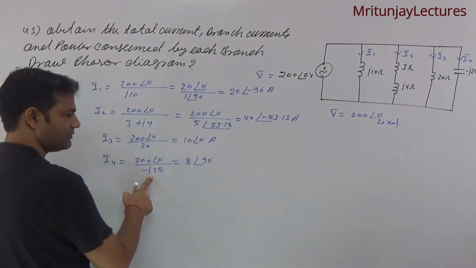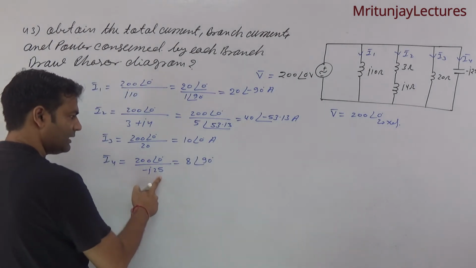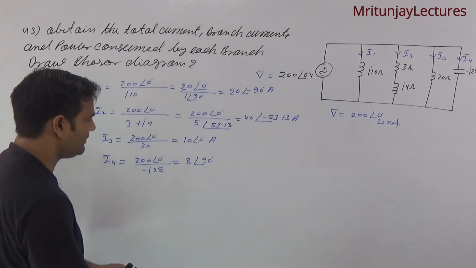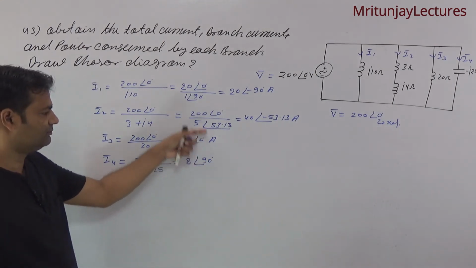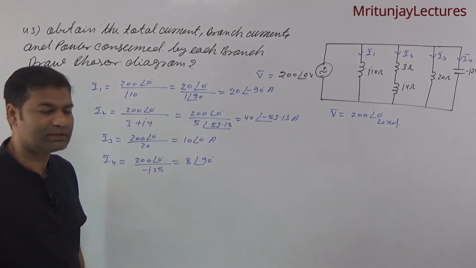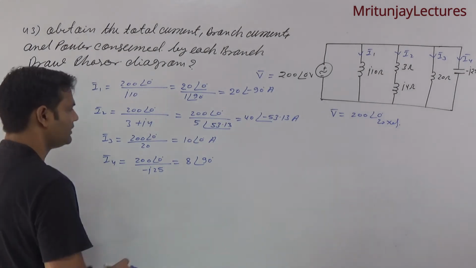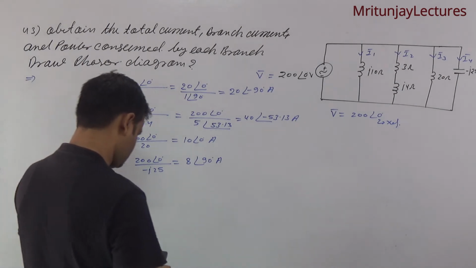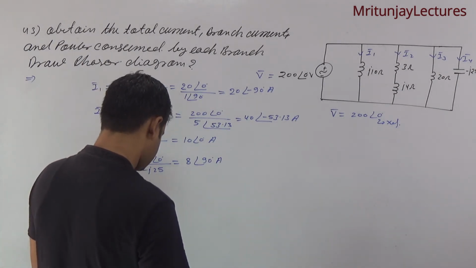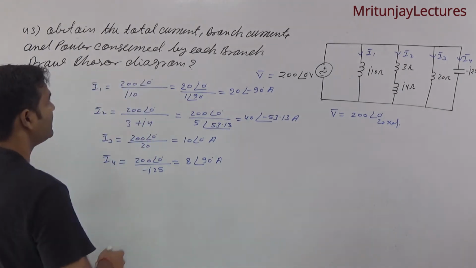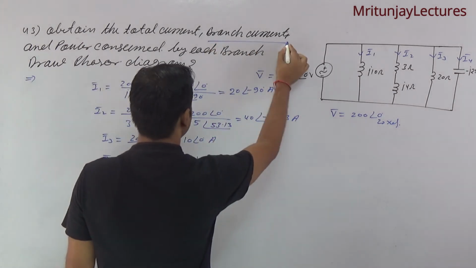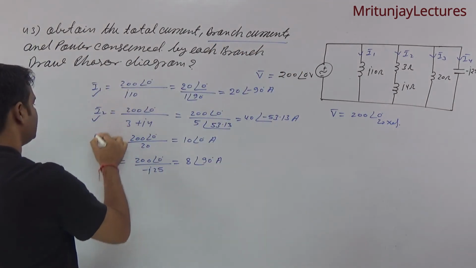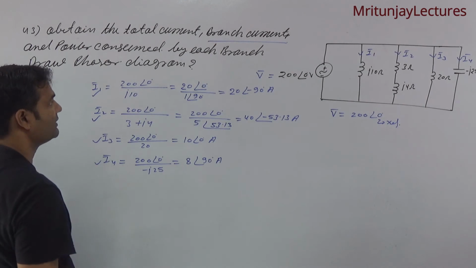Okay, this is written as 25 at the angle minus 90, and it becomes plus 90 going upside. Ampere. Now after that, our next target, the branch current. Clear? I1, I2, I3, I4 is the branch current.